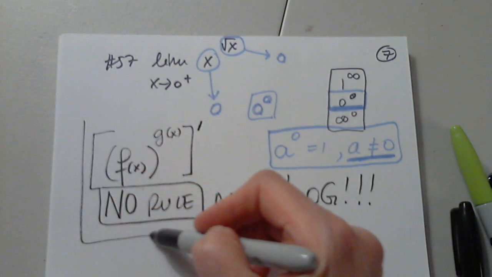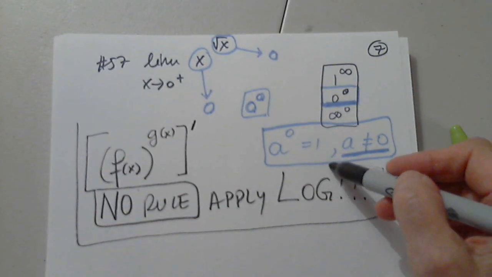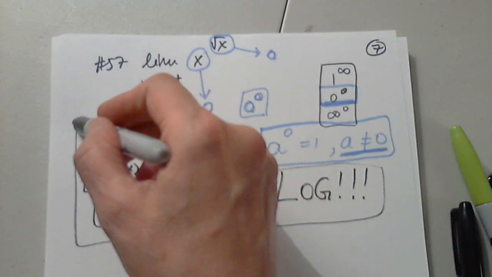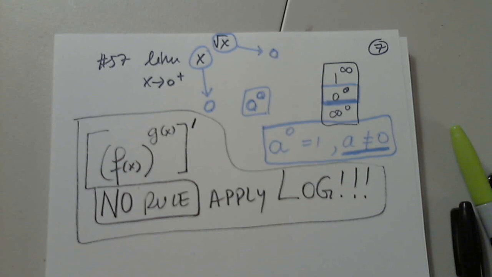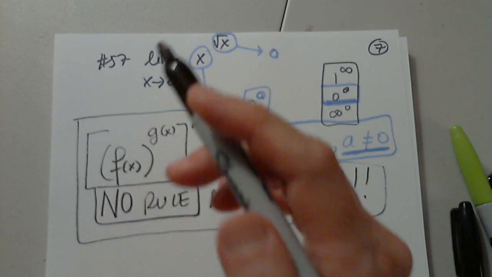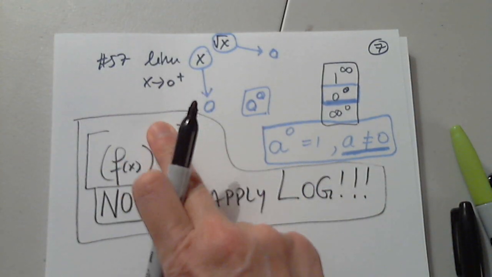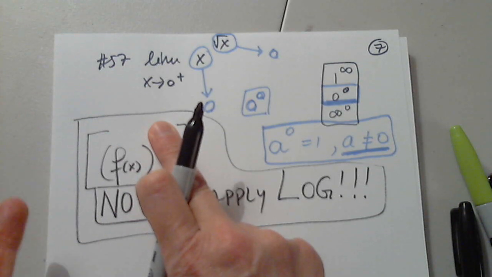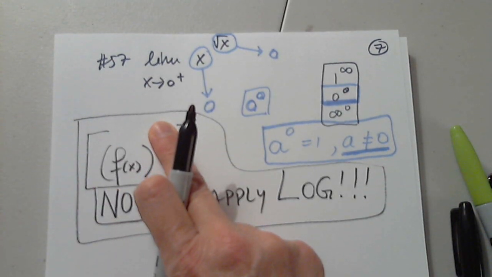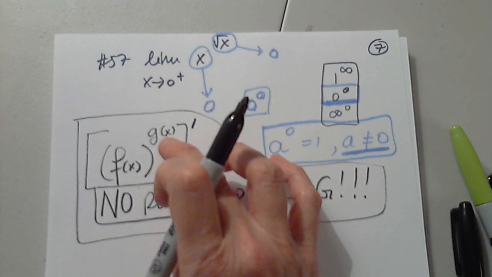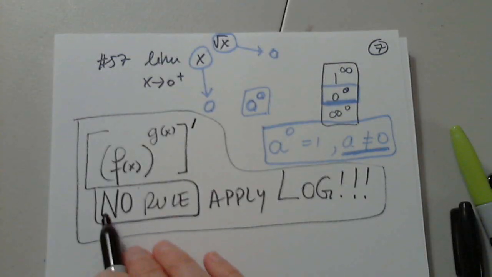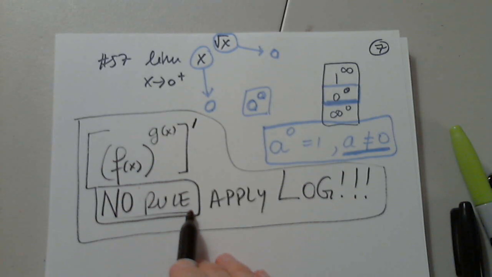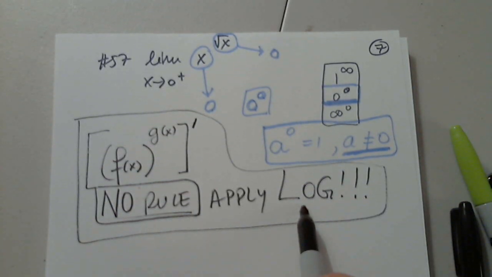So remember, we specified it's a trap, right? So it's very easy to fall into that trap. If this is a number, then we bring down the number, we subtract 1 from the power, and we differentiate the inner function. Done. But if this is a function, we have no rule. We have a several-step procedure after we apply log.